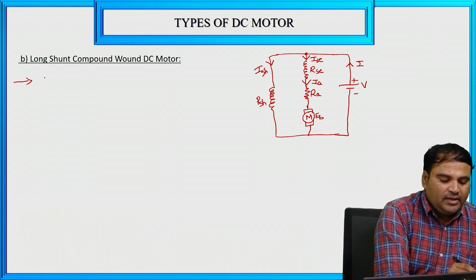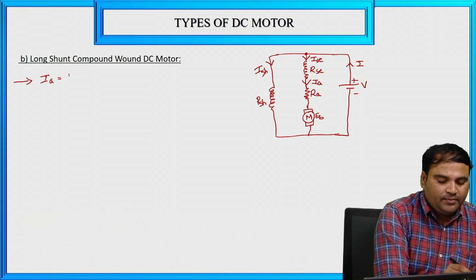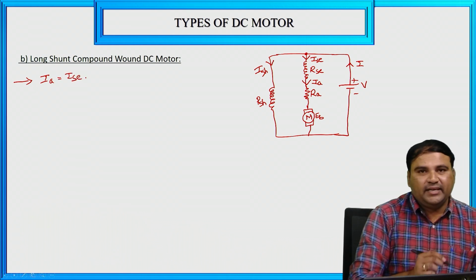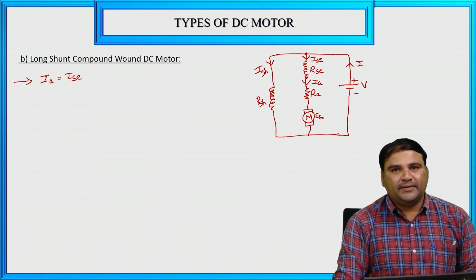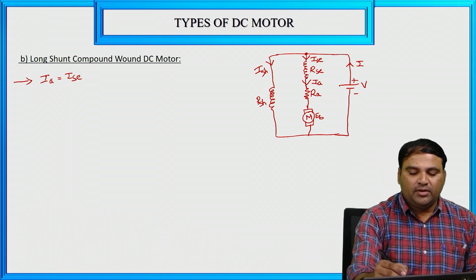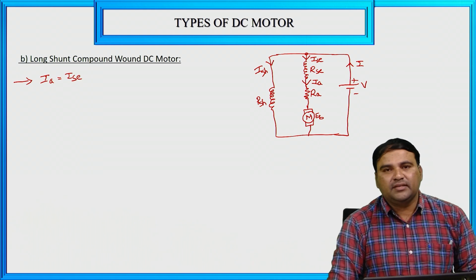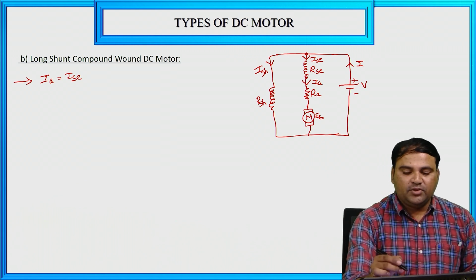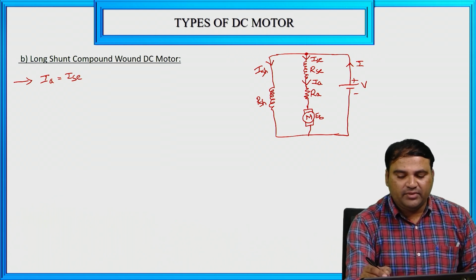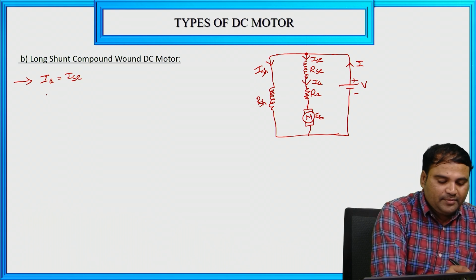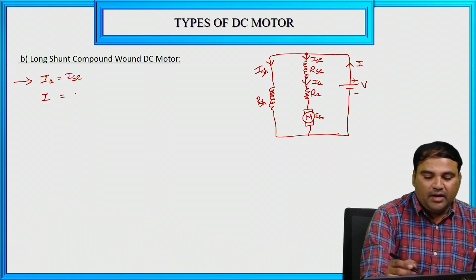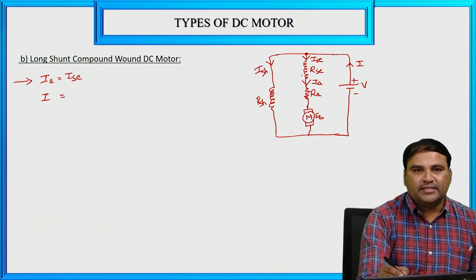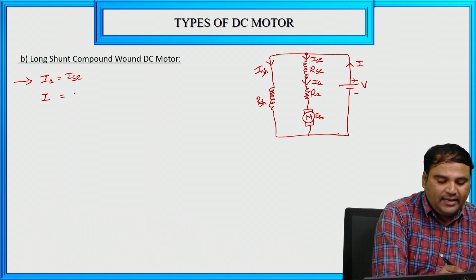So here IA is equal to ISC, that is armature current is equal to the series field current. Now apply KCL at this node point, means the algebraic sum of the incoming currents is equal to the algebraic sum of the outgoing currents. So at this node point the incoming current, that is I, equal to the outgoing currents, means ISH plus ISC.